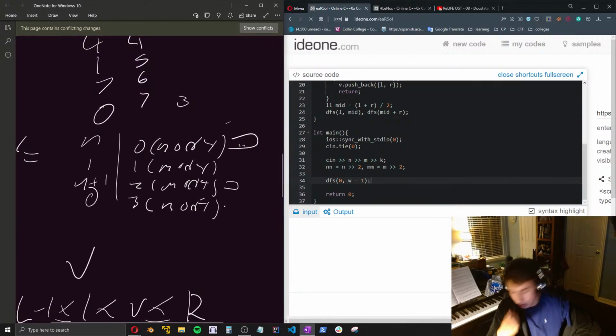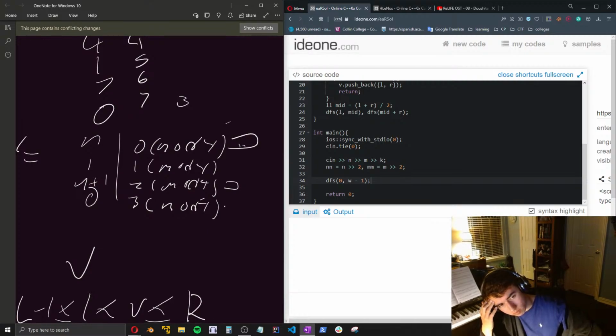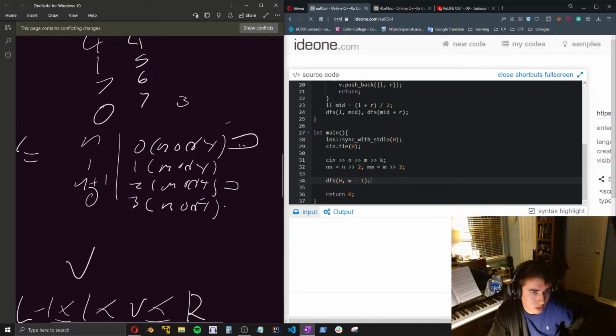So we need to iterate over... First off, let's iterate over the cases for R. R can be between N and M inclusive.